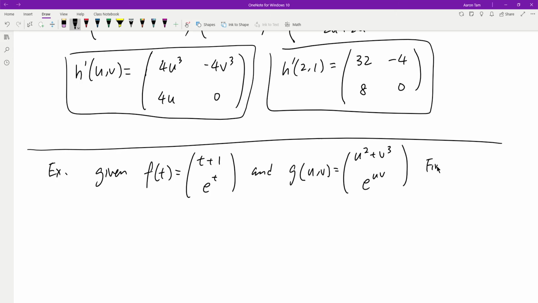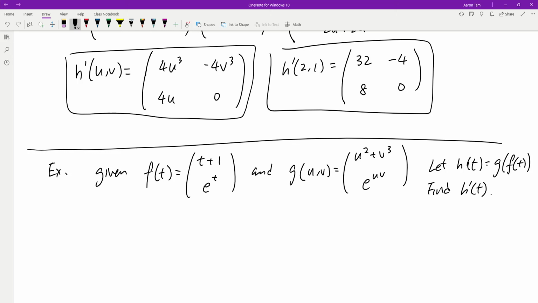I'm going to ask you to find h prime of t, which is basically g of f of t. Let h of t equal g of f of t, find h prime of t.